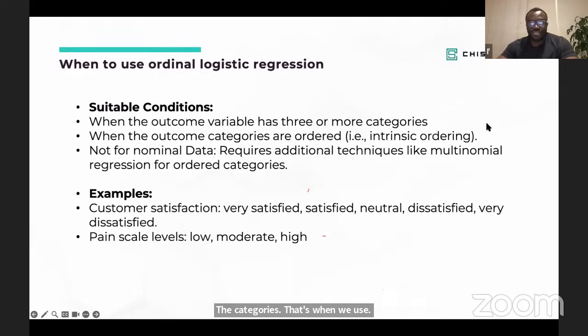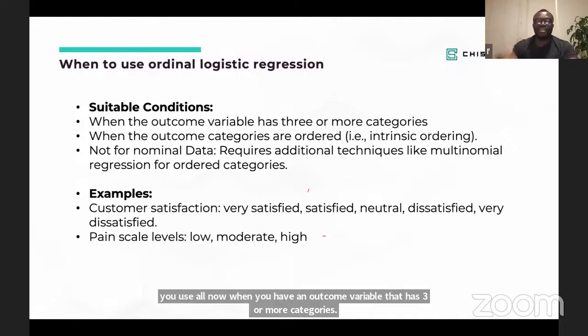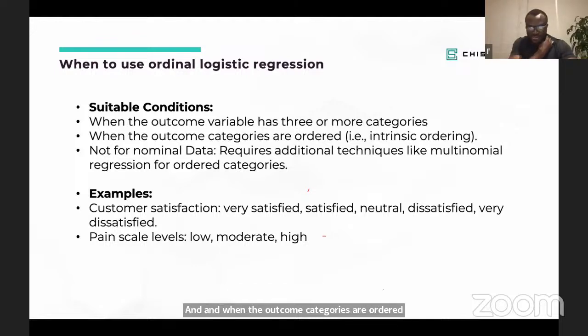So when do we use ordinal logistic? By the way, you can call this ordered logistic regression or ordinal, whatever your preference is. It's the same thing. It's potato, however you want to call it. So you use ordinal when you have an outcome variable that has 3 or more categories, and when the outcome categories are ordered. Again, we are singing it like a broken bell now.